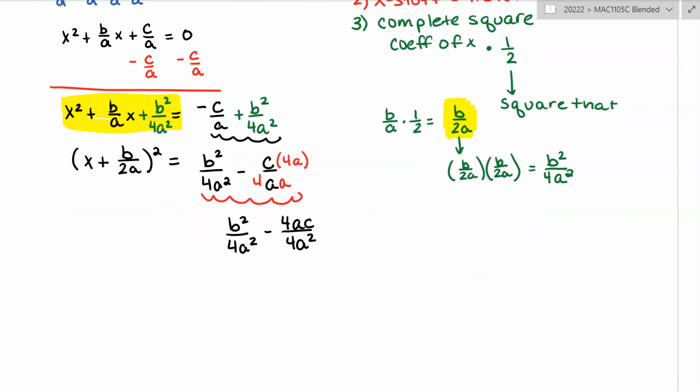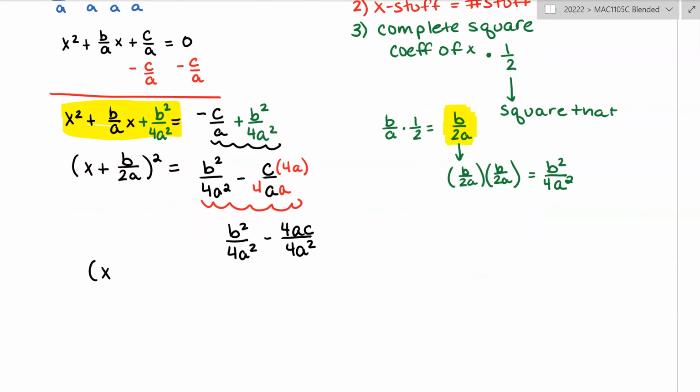So my equation has become x plus b over 2a squared equals b squared minus 4ac over 4a squared. So now that we've completed the square, and again, normally in completing the square these are all numbers, but we're doing it with a's and b's and c's, so you can see where the quadratic formula comes from. So now we've completed the square, we're going to square root both sides.